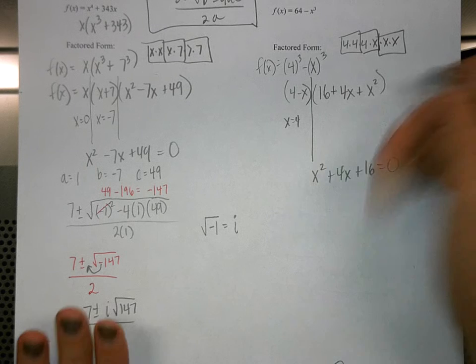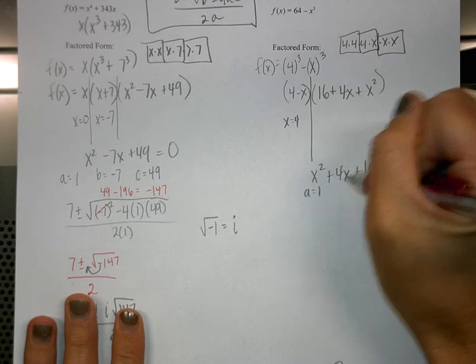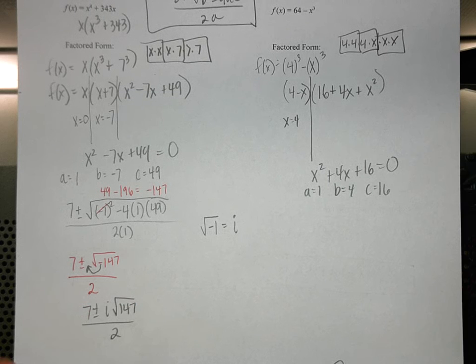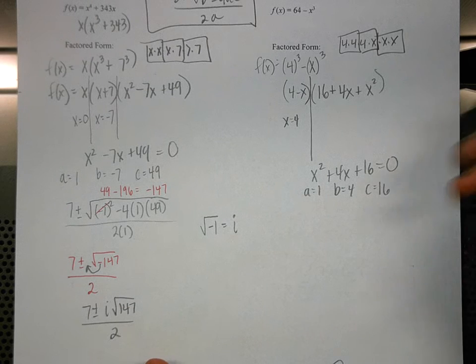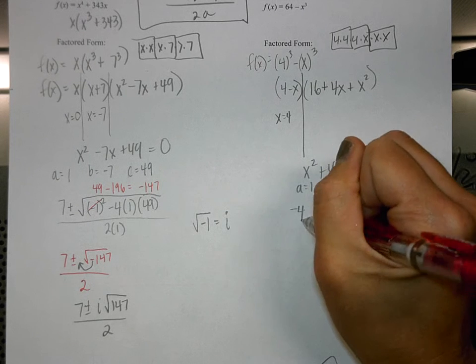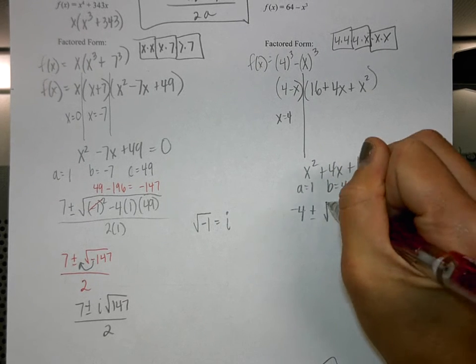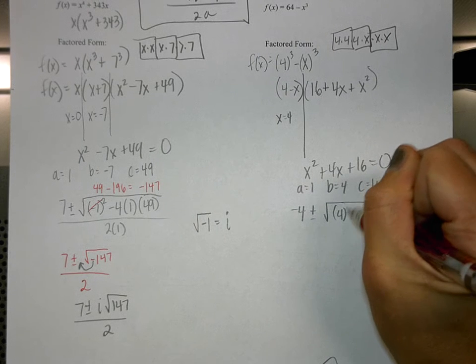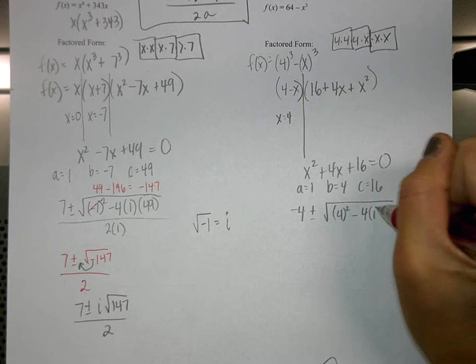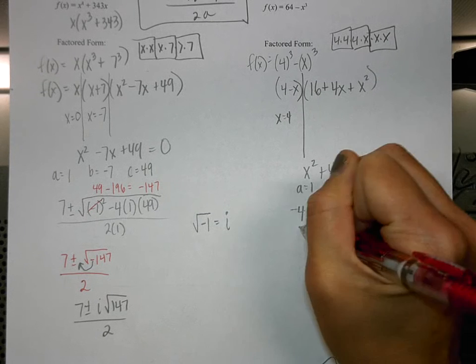And so that means that my A is 1, B is 4, C is 16. So negative B is going to be negative 4 plus or minus the square root of 4 squared minus 4 times A is 1 times C is 16, all divided by 2 times 1.